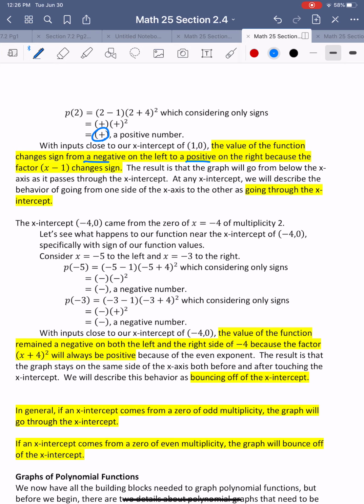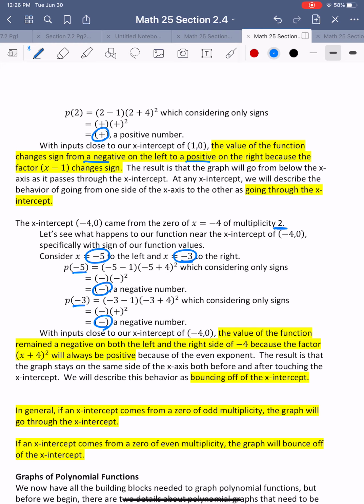The x-intercept negative 4, 0 came from the zero x equals negative 4 of multiplicity 2. Let's see what happens to our function near the x-intercept negative 4, 0, especially the sign of our function value. If you use a number like negative 5, it's going to be negative. Negative 3 is also going to be negative, which means it won't cross at negative 4, right?